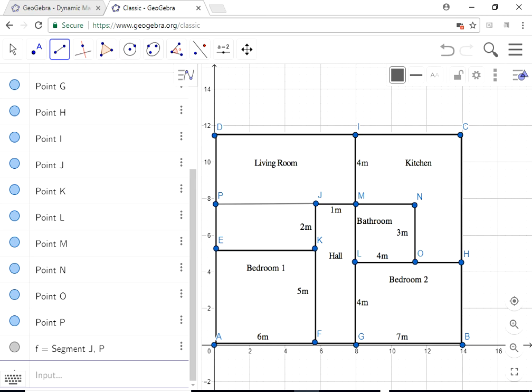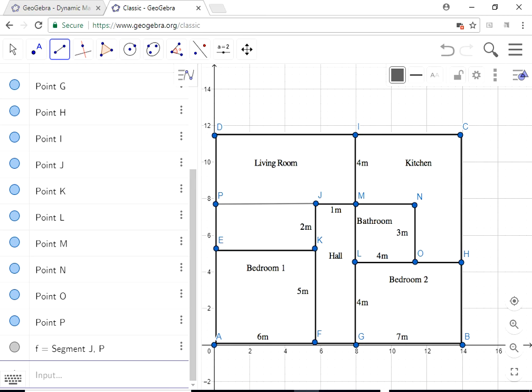And we know I to M is 4 meters. So the rectangle DPMI will be 7 times 4, so that would be 28 square meters.